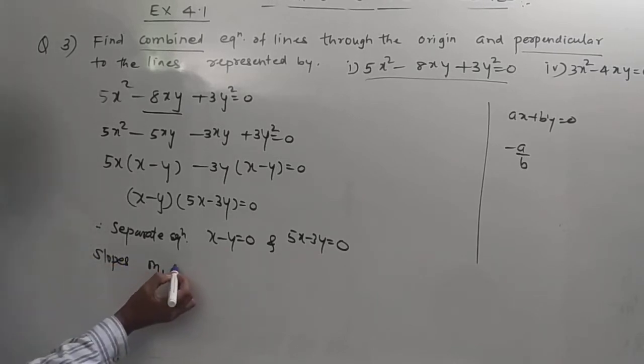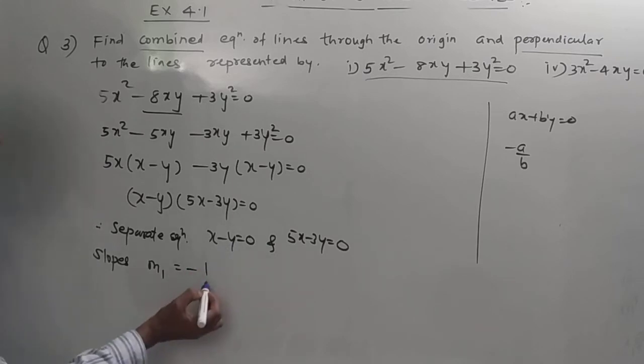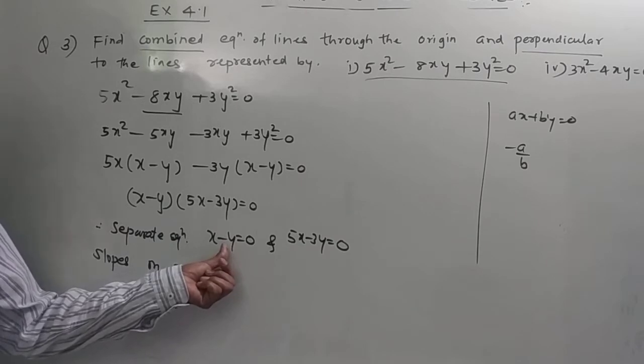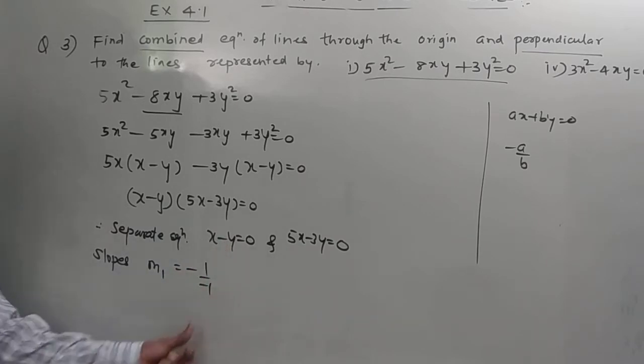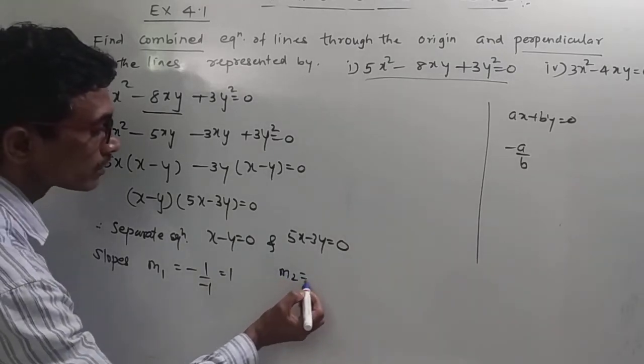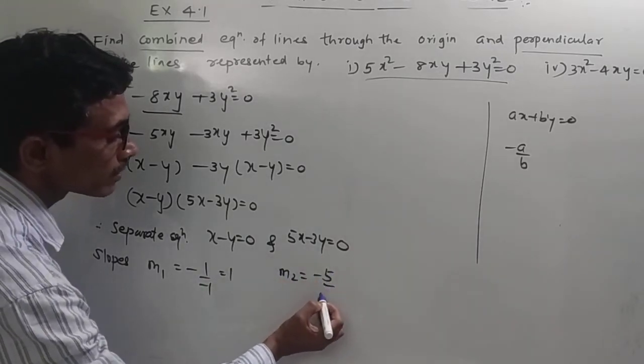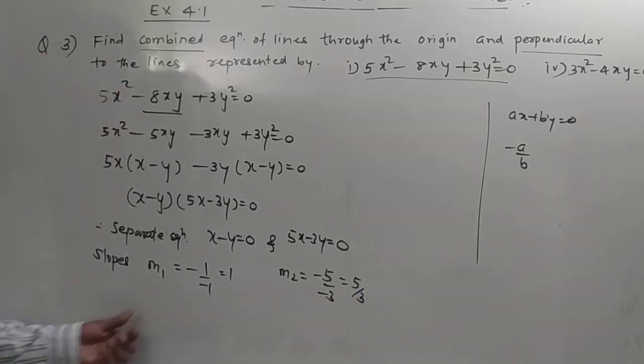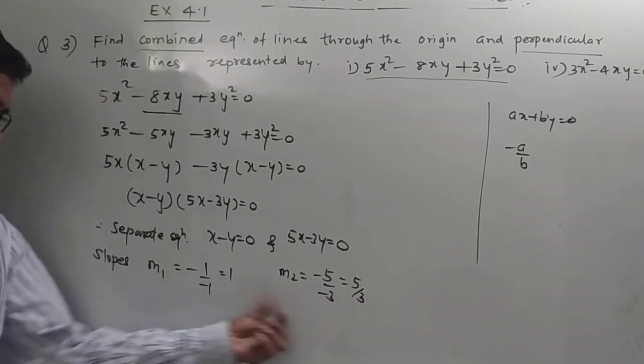Say m1 of this line is minus 1 upon minus 1. A is 1 and b is minus 1. So minus 1 upon 1, that is 1. And slope of this line, say m2, will be minus 5 upon minus 3, that is 5 upon 3. So these are the slopes of the lines m1 and m2.